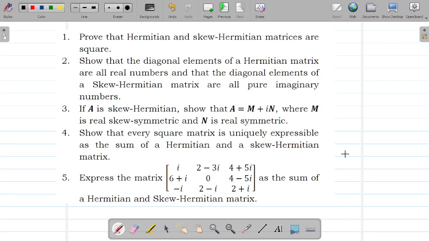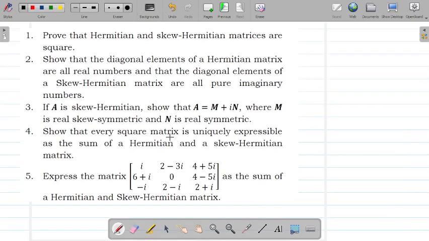The next thing: show that every square matrix is uniquely expressible as a sum of Hermitian and skew Hermitian matrices. Yes, we did it for symmetric and skew symmetric matrices, so you can apply a similar idea here. You start with any square matrix n by n.